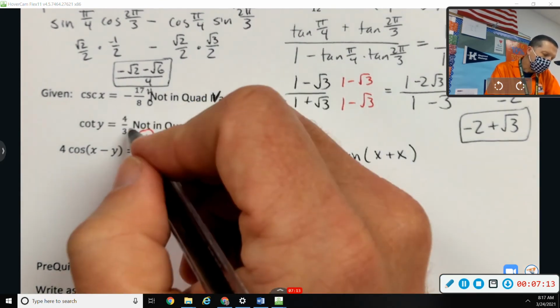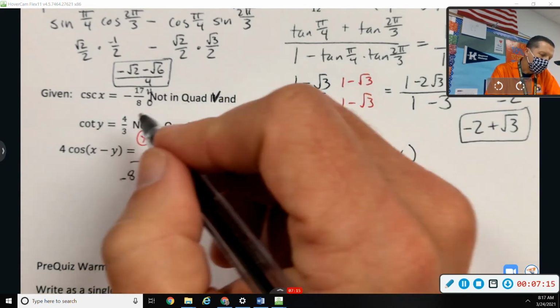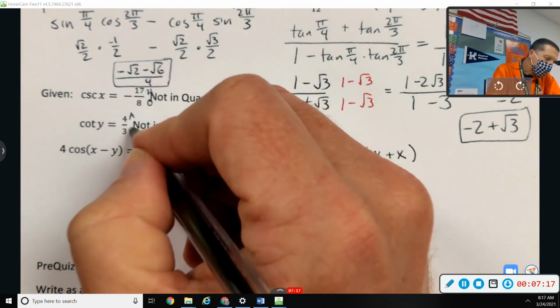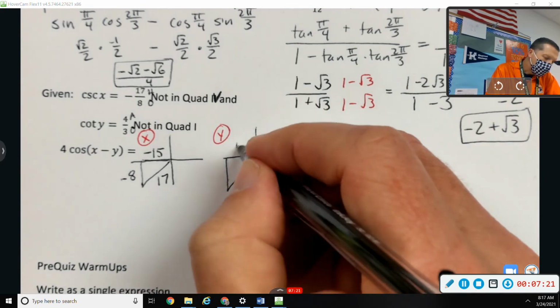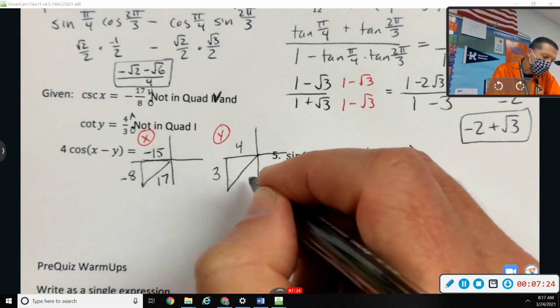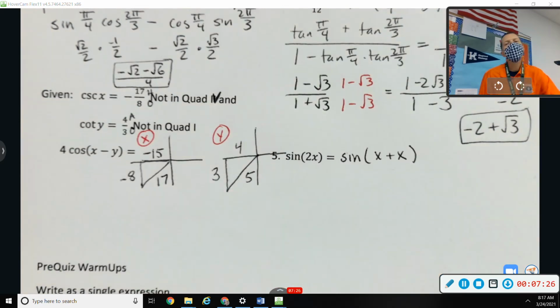Let's see. Cotangent is positive in 1 and 3. Adjacent over opposite. So it's a 3, 4, 5. What's wrong with that picture? They're both negative.